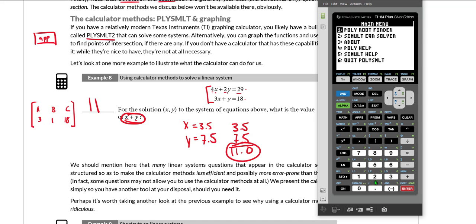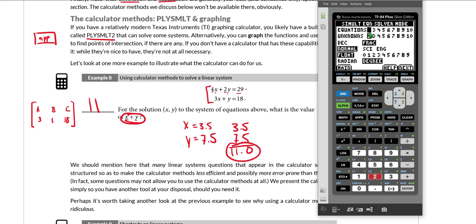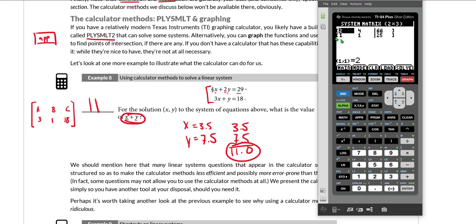Simultaneous equation solver, number 2. 2 equations, 2 unknowns. Remember I said you don't really need to fiddle around with these all that much, but in this calculator I've got fraction, normal, float, degree, fine. I'm going to hit next. There's my matrix. So I would do 4. That is the coefficient in front of the x.